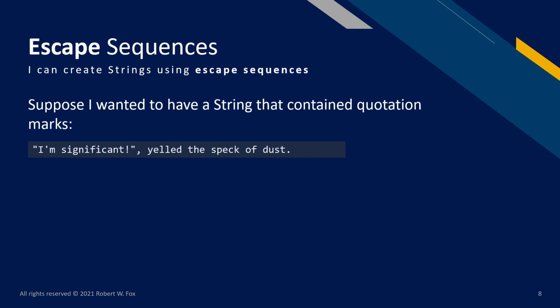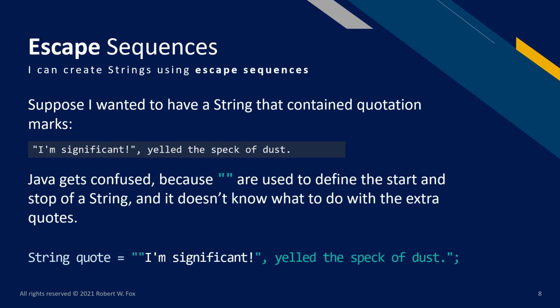Let's say I wanted to make a string variable that contained the string you see on your screen. Notice that this string contains quotation marks. Now, this is going to potentially confuse Java because quotation marks are already used to define the start and end of a string, and it doesn't know what to do with the extra quotes. So when I go to write the code for this, from Java's perspective, I'm creating one string right here.